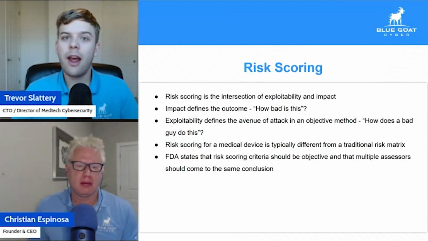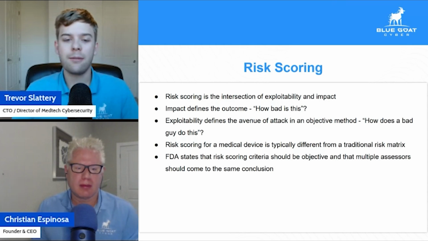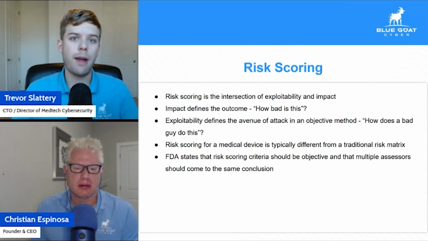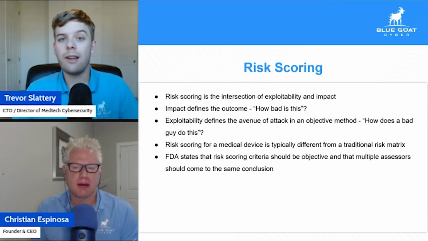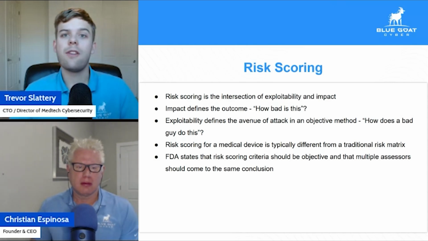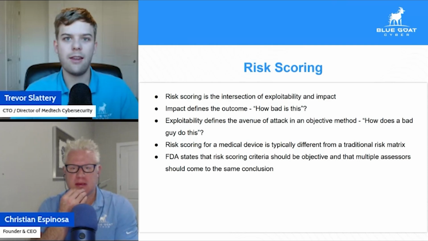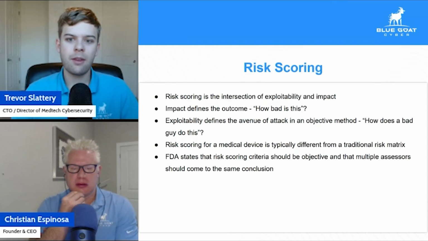And both of them are going to have a good reason and defend that point. When we're looking at exploitability, we'll get into the actual metrics that we cover, but we're looking at very objective situations. An example of one is what level of privilege is required. There's no room for interpretation here. Everyone is going to come to the same conclusion when looking at these factors.